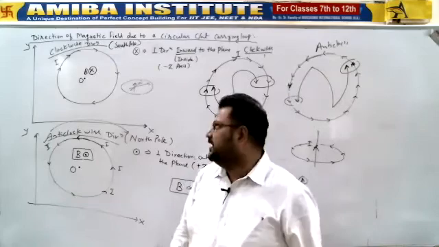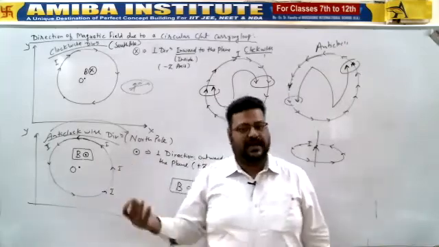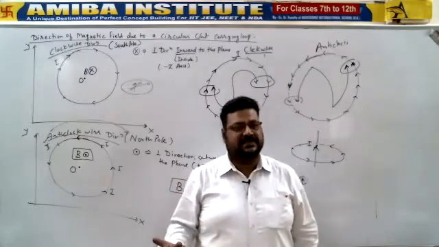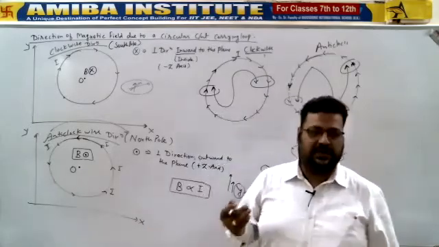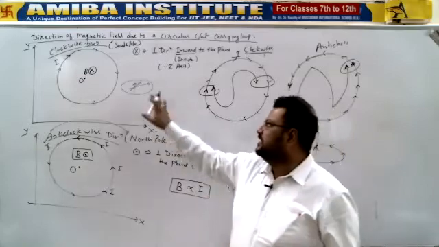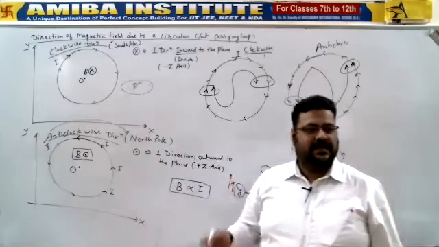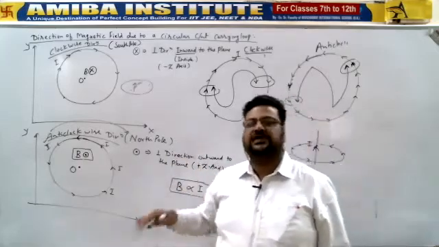More deflection means a more powerful magnetic field near it. It means as we increase the current, the magnetic field also increases. And as we decrease the current, the deflection will be less and less, and that's why we can say the magnetic field decreases as we decrease the current.